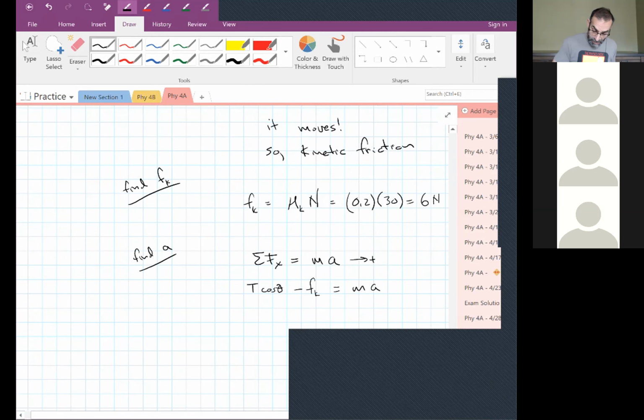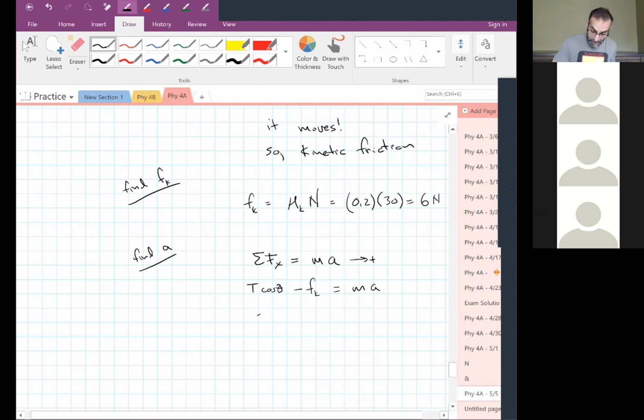And I already calculated this, it was 34.6, and friction force is 6. 50 over 9.8 is the mass, and I get my acceleration is approximately 5.7.